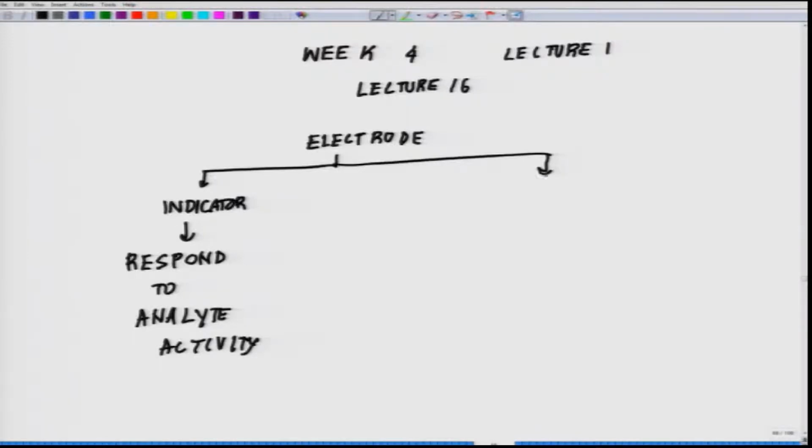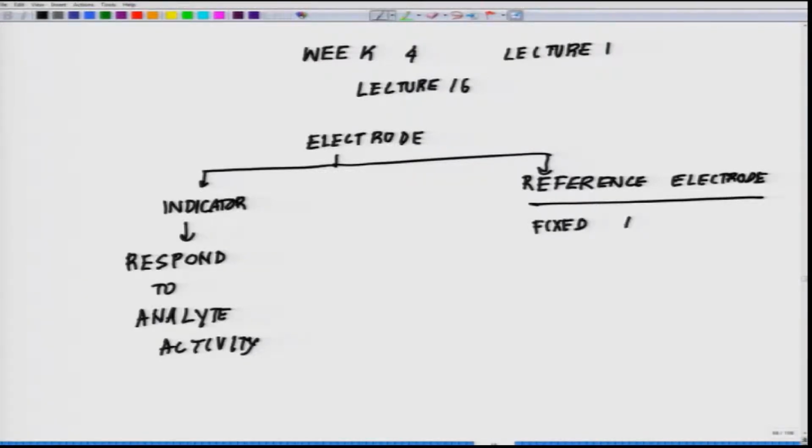Then you have a reference electrode, which is your fixed reference potential. Okay. With respect to this, you are doing all the measurements, and the use of electrodes to measure the voltage that provides chemical information.